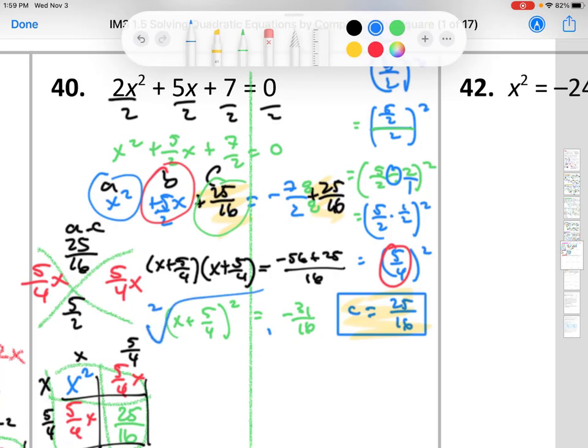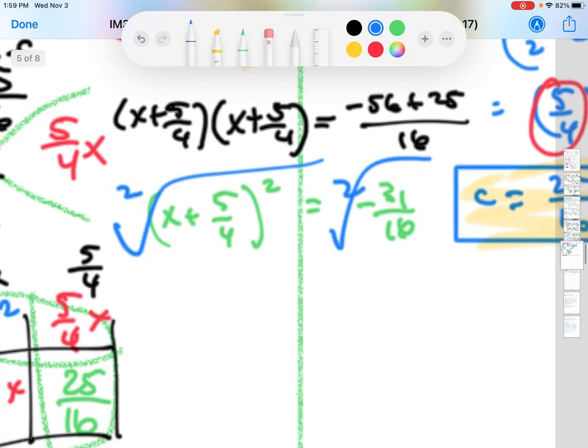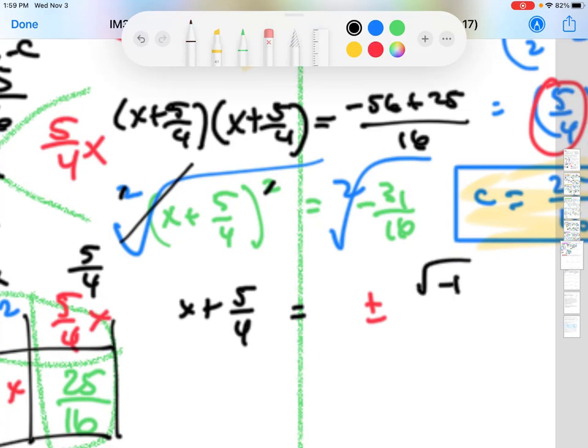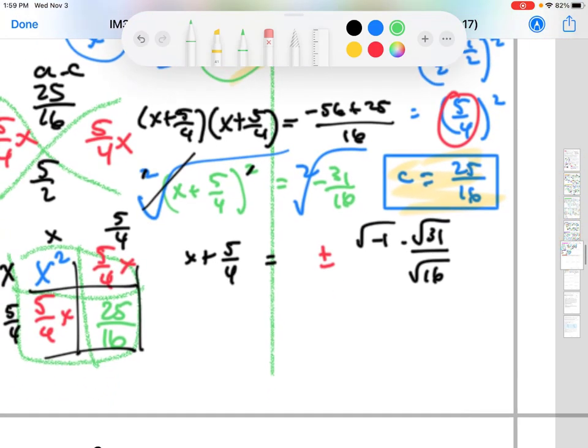Take the square root. X plus 5/4 equals plus or minus square root of negative 1 times square root of 31 over square root of 16. Let's do it one time.